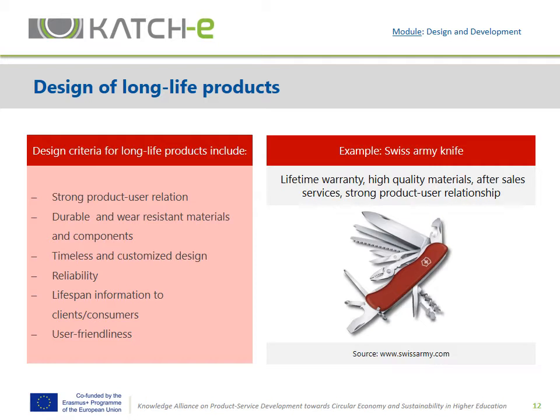In the example, the lifetime warranty, the high-quality materials, the after-sales services and the strong product-user relationship of the Swiss Army knife allows the use of this product for a very long time.